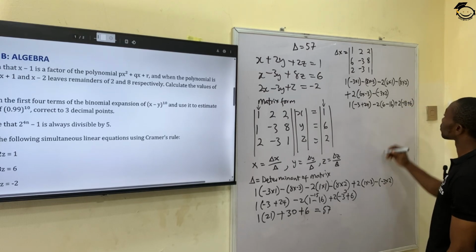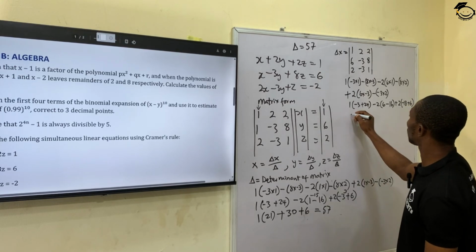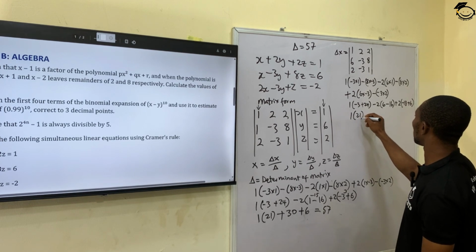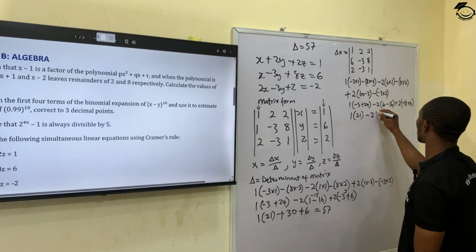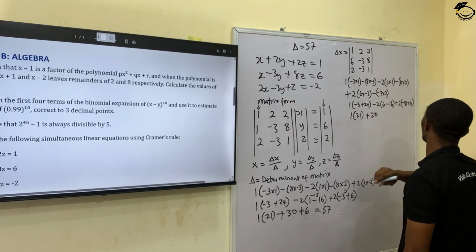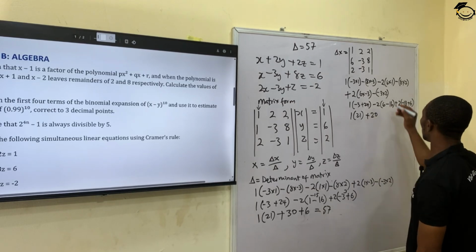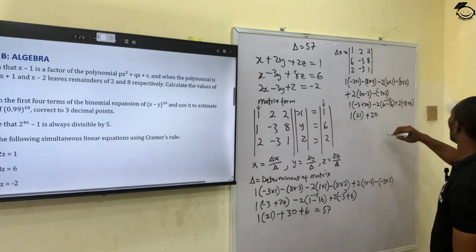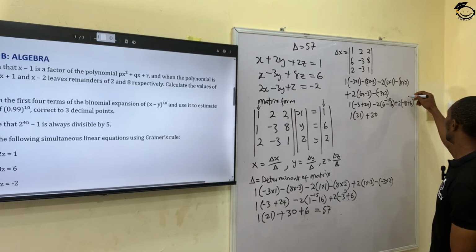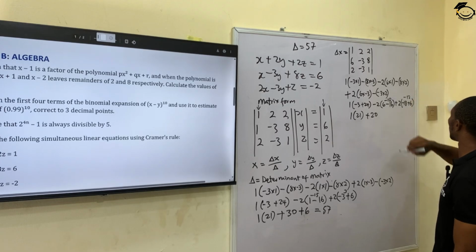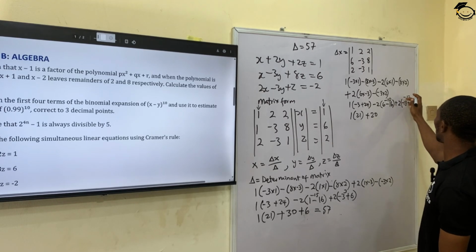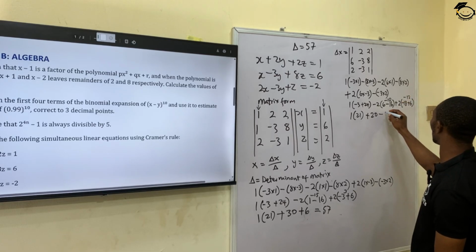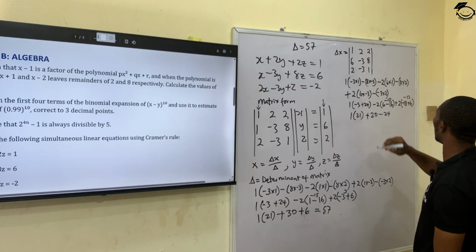plus 6. Okay, this will give us 21. 1 times 21 minus 2 times 10, which will give us plus 20. So this will give us a minus 10 here, and this will give us a minus 12. So this will give us minus 12 times, this will give us minus 24.